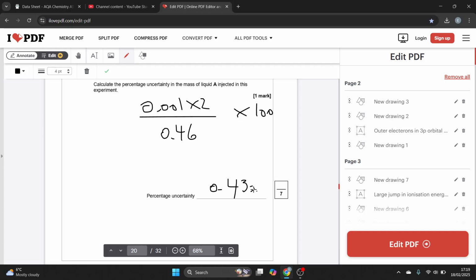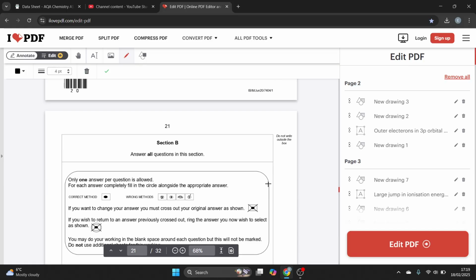That gives 0.43%, or 0.435%. And that's the end of section A.